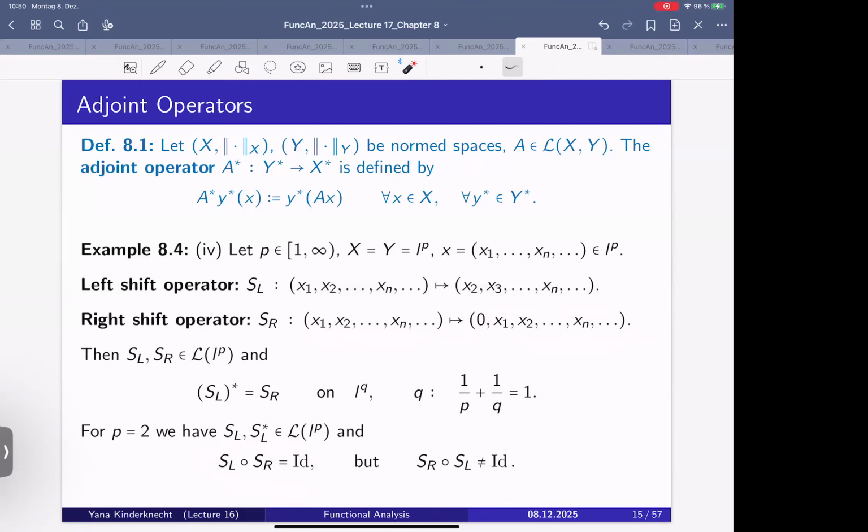But if we first apply left shift and then right shift, we have these coordinates, and then everything goes back, but we have 0 as the first coordinate. So this composition is not the identity operator, but actually the orthogonal projector on the subspace of all coordinates except the first one, a space whose co-dimension is 1. Okay?